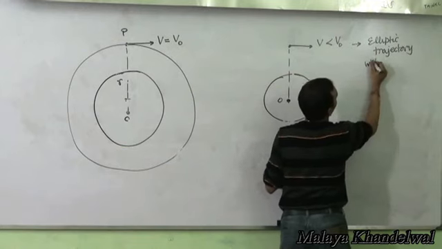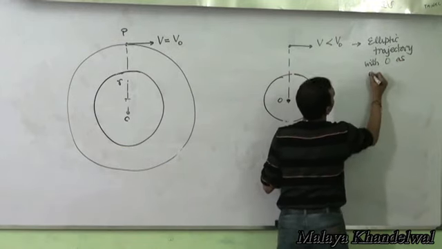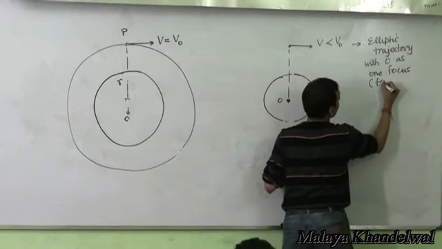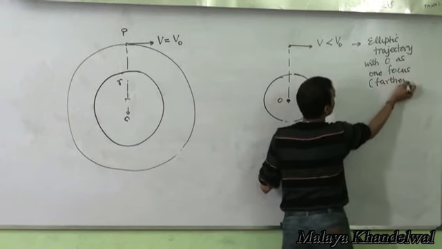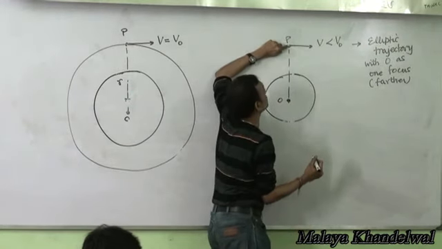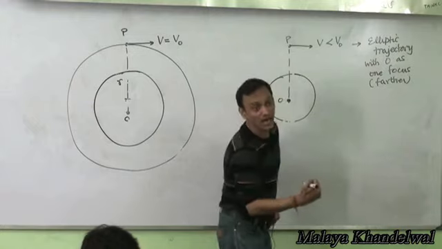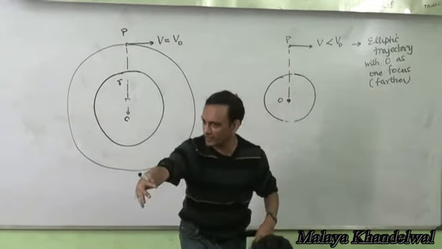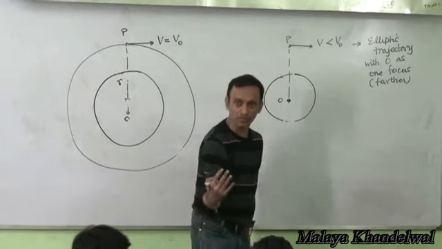with O as one focus, the focus that is farther away, right? If this is a point P on the ellipse, then there would be a focus which would be closer to P, and a focus away from P. So O, the center of the earth, would be the focus further away from the point P, right?